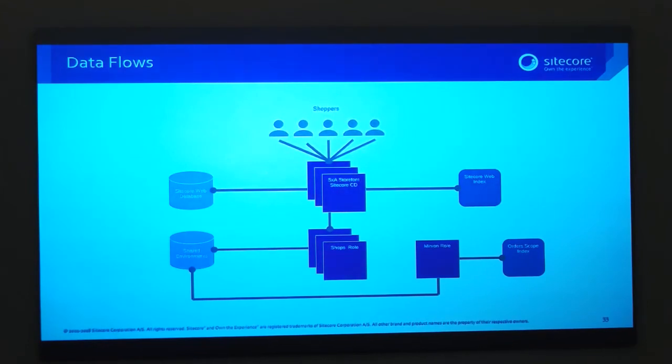The shop role will start communicating with the shared environment and try to access the sellable item. The sellable item is stored in the catalog entity database inside the shared environment, and it will return the sellable item to the shop role. The shop role will again communicate with the shared environment to get the prices.